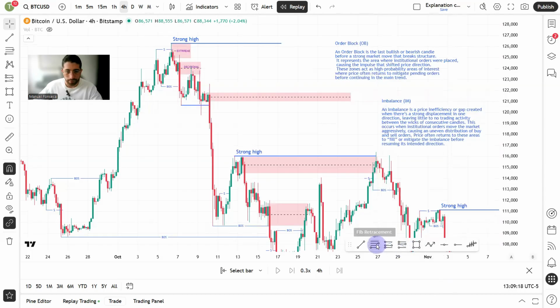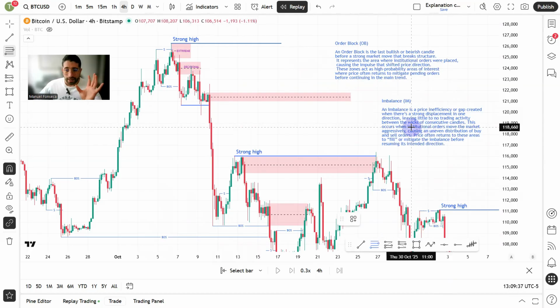Now, we're going to try to find imbalances, right? Remember, we will spot the strong displacements in one direction, leaving little or no trading activity, which means, in other words, huge candles.